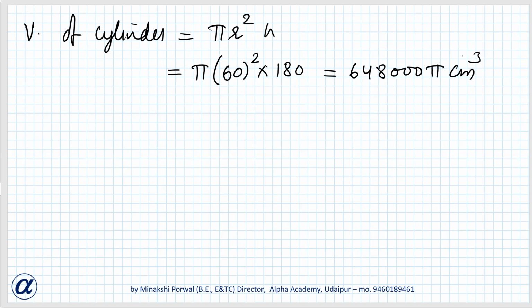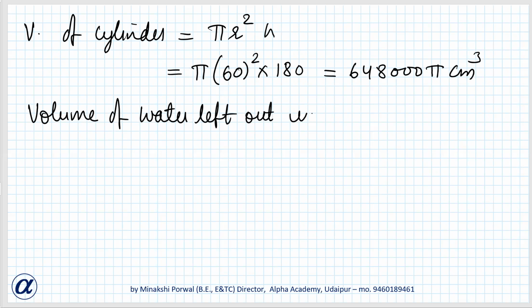Now we have to find the volume of water left out in the cylinder. Let the volume of the cylinder be capital V. The volume of water left will be V minus V1 minus V2.